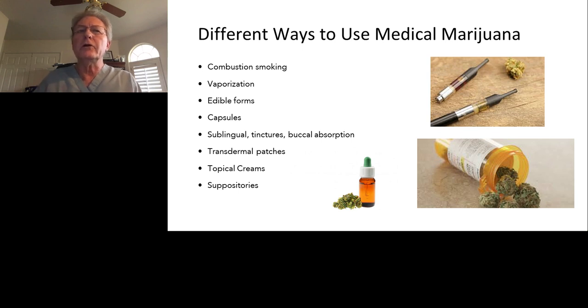So it's important to recognize the variables that these different formulations can have on outcomes and not make generalizations to categorize that outcome based on a route of administration or a particular product form.